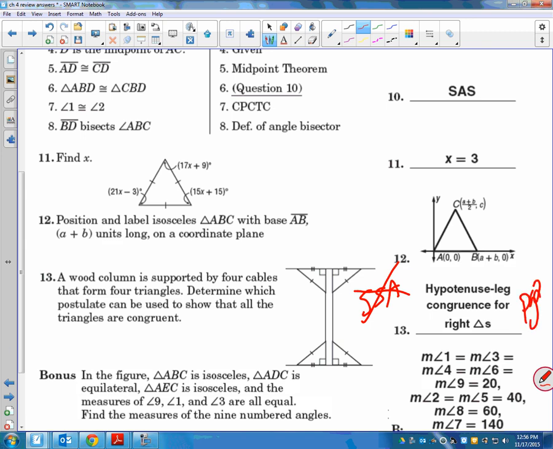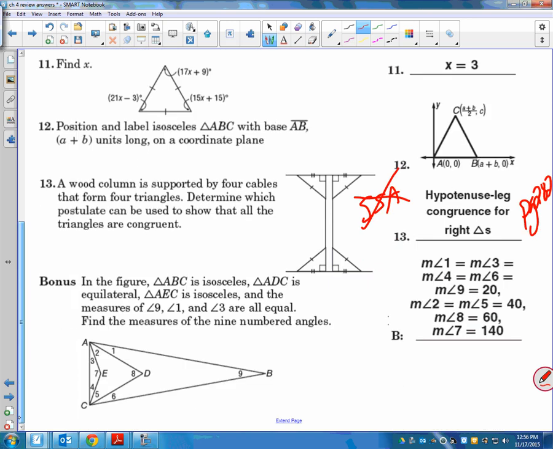And then what about the bonus? Did anybody attempt the bonus? It's been out of control. If I was doing the bonus, I would have to separate it, I think. I'd have to redraw it in separate pieces. But it says ABC is isosceles, ADC is equilateral, and the measures of angle 9, angle 1, angle 3 are all equal by the measure of the numbered angles.